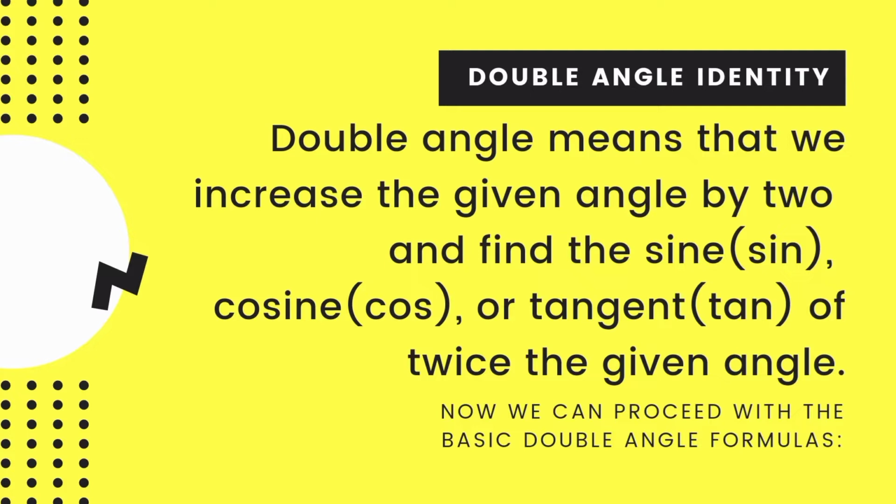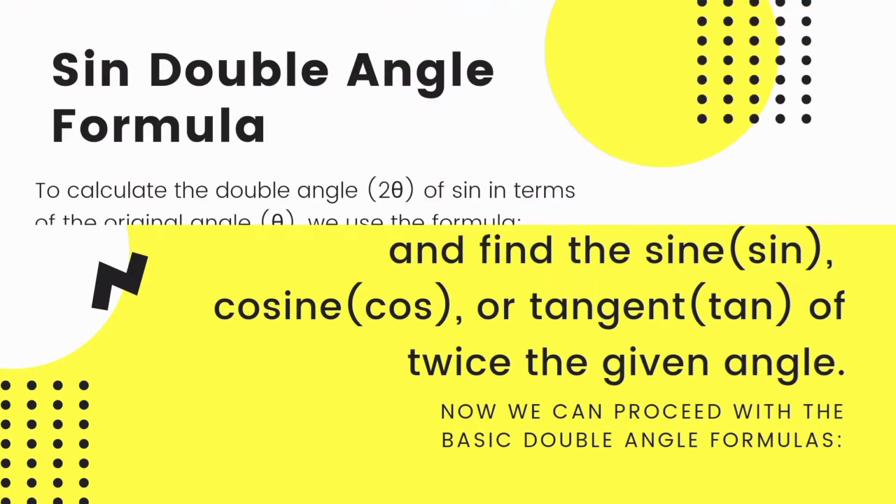Double angle formula is a trigonometric formula, and the reason why they are called this is because they involve trigonometric functions of double angles, that is, sin 2a, cos 2a, and tan 2a. We can use this identity to rewrite expressions or solve problems. Basically, these are trig identities that demonstrate how to calculate the sine, cosine, or tangent of a given angle twice.